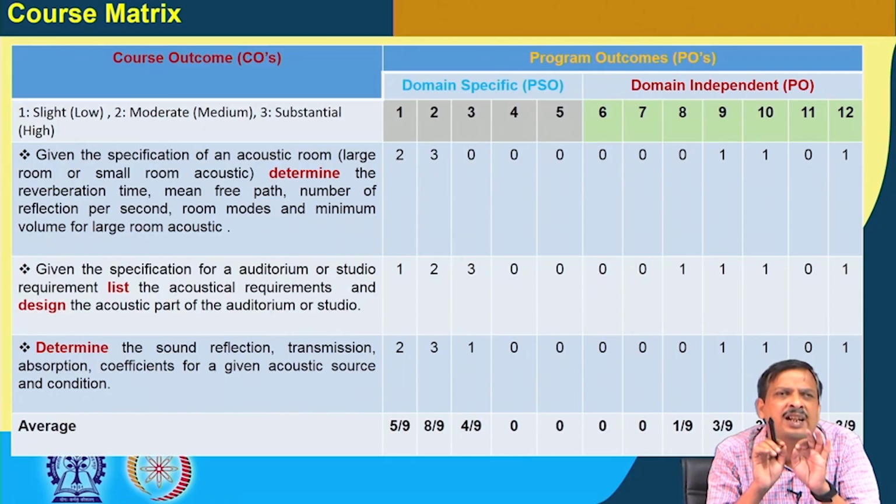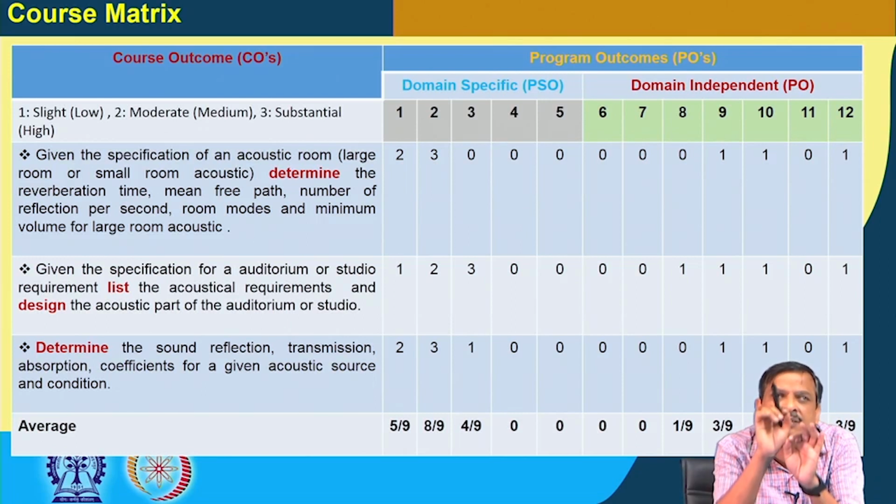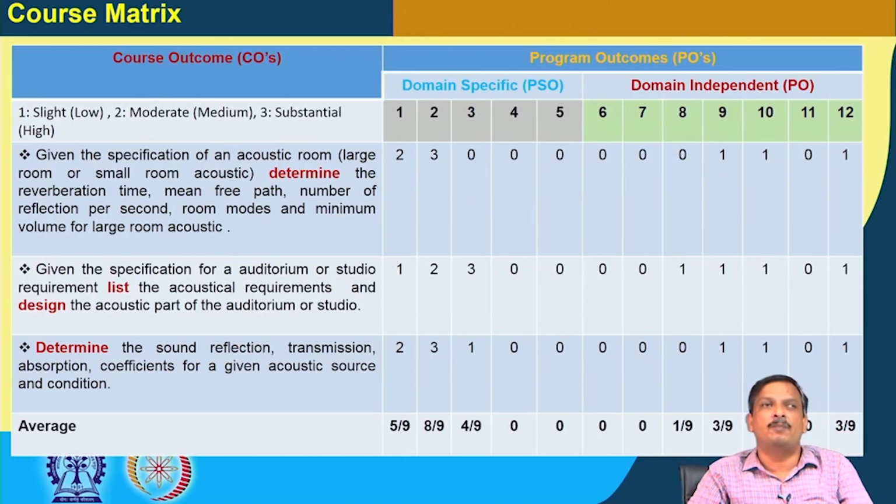Initially I write down my vision statement, then my mission statement, which is the path to achieve the vision. Then I correlate between the PO and mission, then between the PO and PO, then between the PO and CO, course outcome. So, this is called the course matrix.